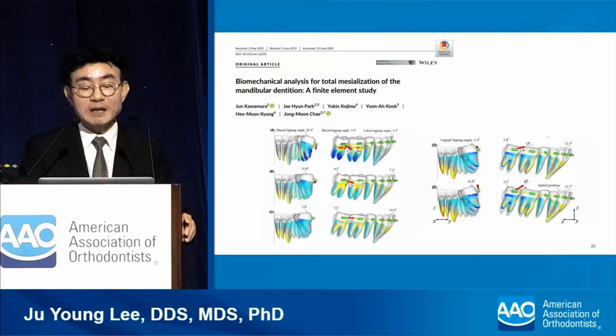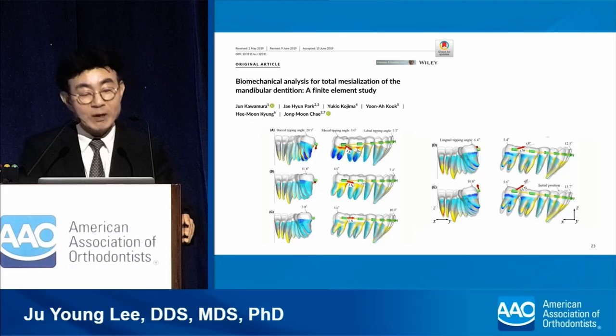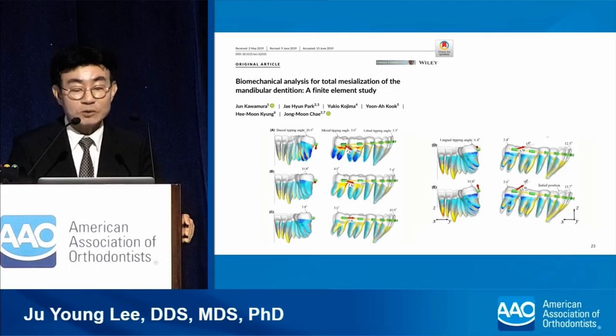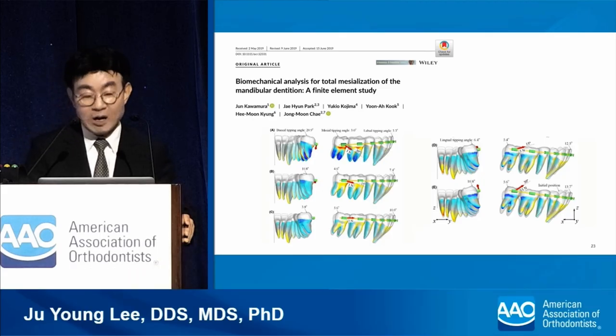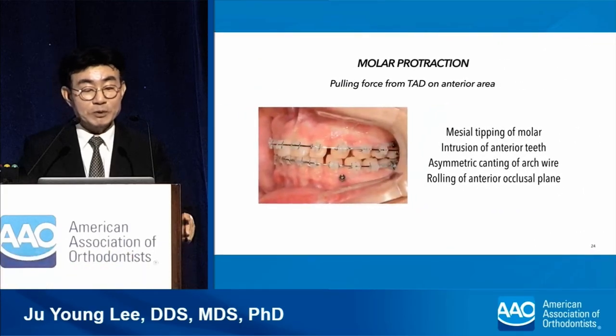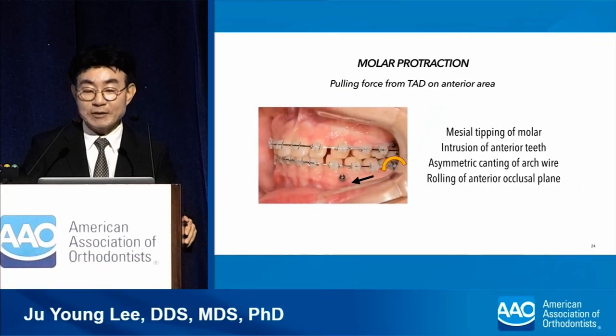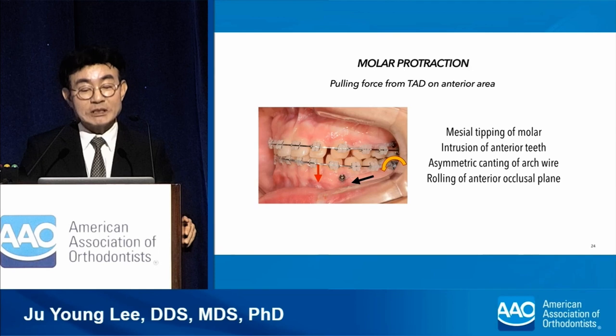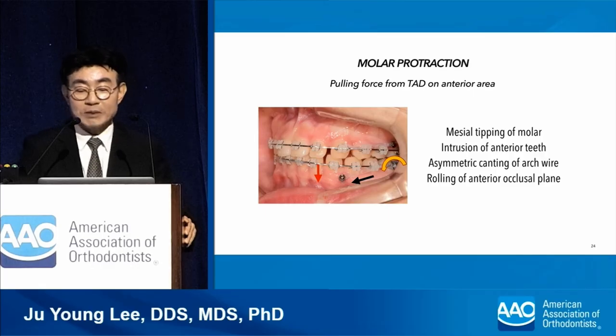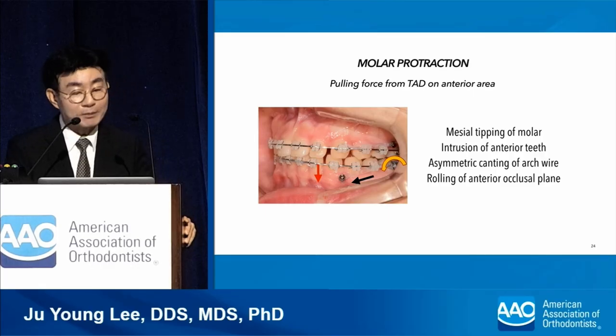In the finite element study, the intrusion of anterior teeth was compounded with protraction of the mandibular arch. When posterior teeth are pulled forward unilaterally with TAD, the intrusion of anterior teeth occurs on one side, causing asymmetric lowering of the anterior occlusal plane.